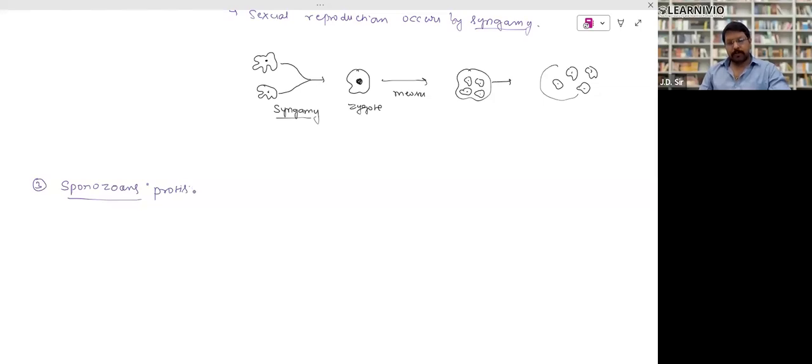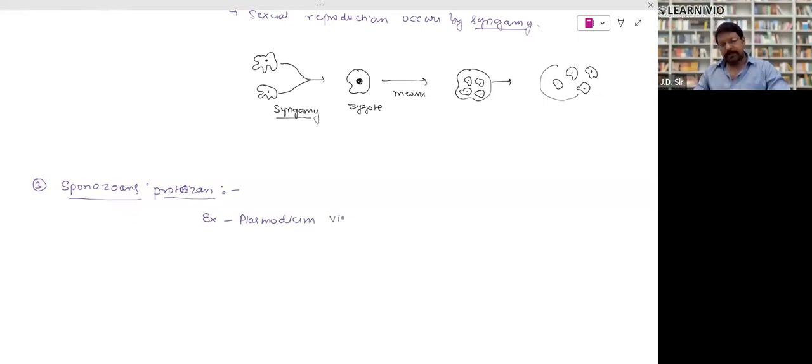The example of sporozoan protozoans is Plasmodium vivax.